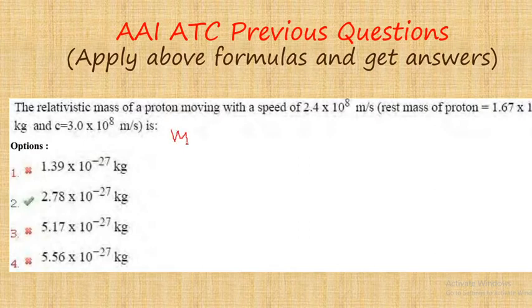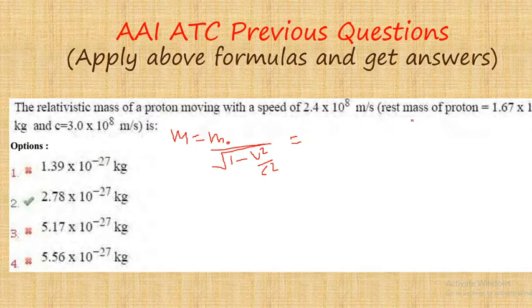M equal to M naught divided by root over 1 minus V square divided by C square. So all you have to do is substitute the value. So M is what?